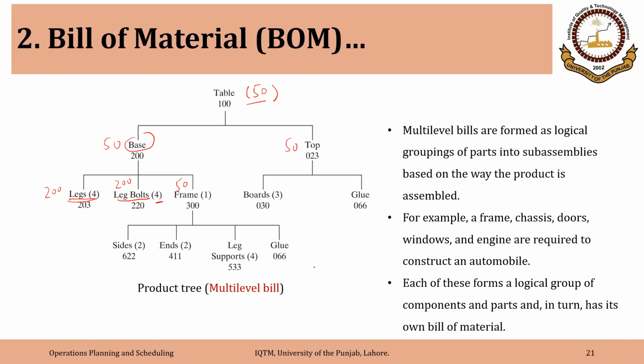In order to make 50 frames, we will need 100 sides and 100 ends and 200 leg supports, and correspondingly for 50 frames, we will require the quantity of glue. So this is the process of exploding the requirements.